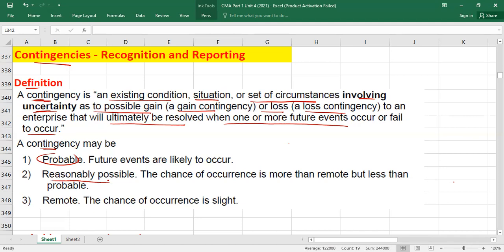Reasonably possible means the chance of occurrence is more than remote but less than probable. What is remote? Remote means the chance of occurrence is slight, negligible. So if any contingency is not probable and also not remote, we use the words reasonably possible.